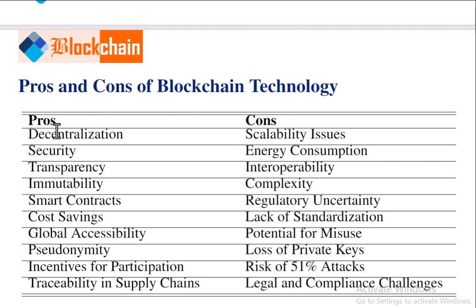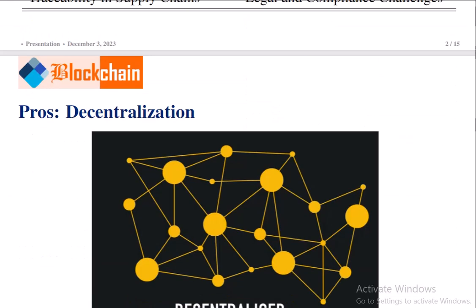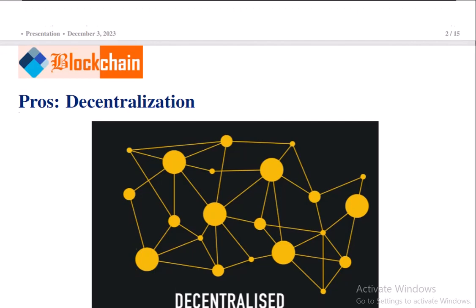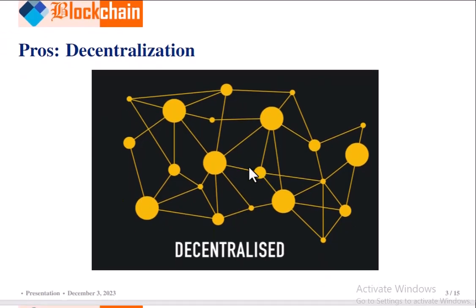The first thing, which is a benefit of blockchain technology, is that it is a decentralized network. Decentralization means that there is no central server or central authority which can delete or add transaction details.